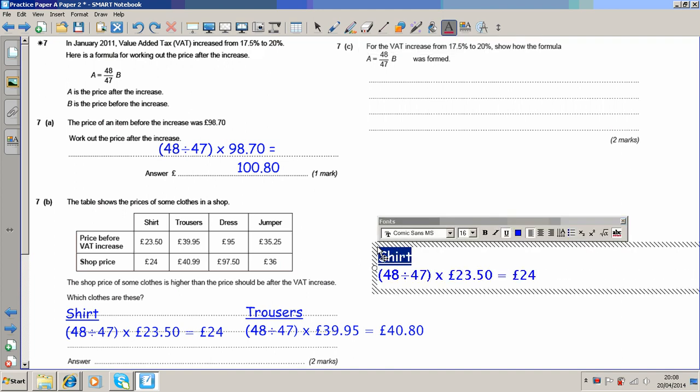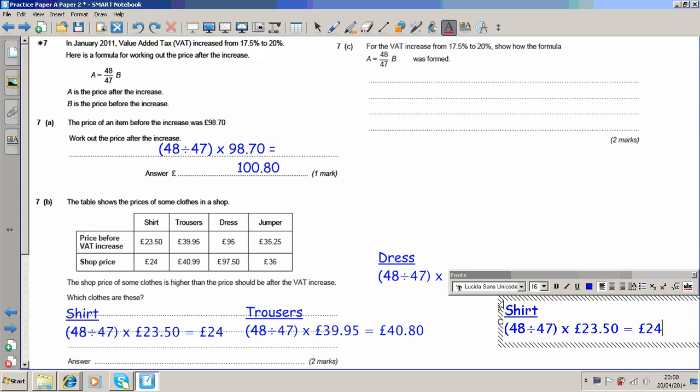Next one is the dress. 48 divided by 47 times by, this time it was £95, which is £97 and 2 pence, so that one's going to be too high as well.